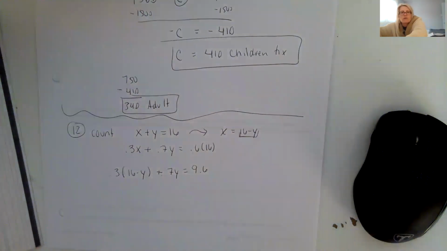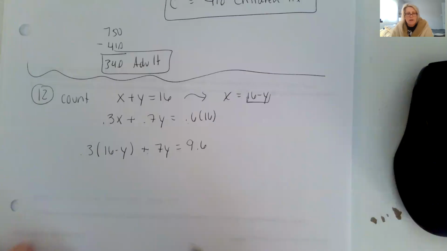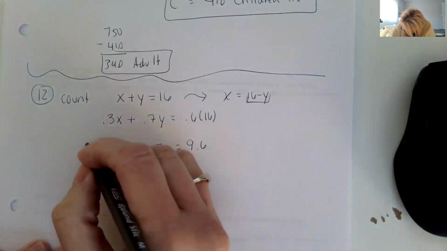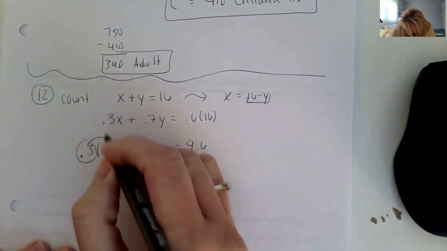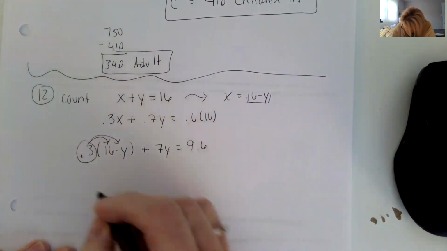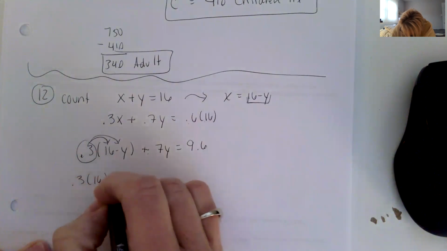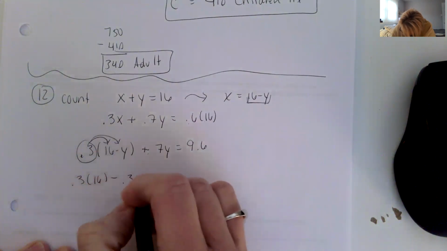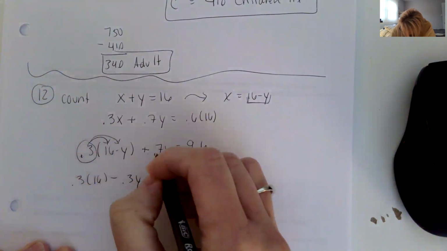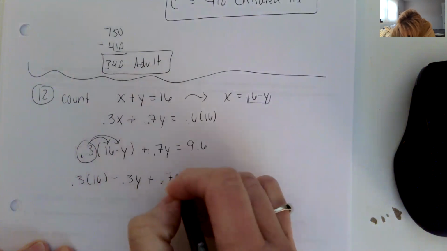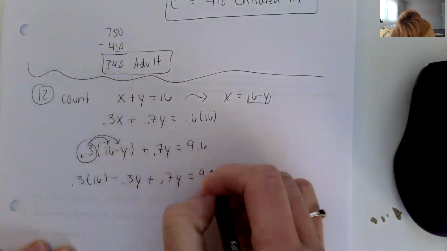Then we have to distribute, I'm just going to zoom in for you. We have to distribute this 0.3, remember that's a 0.3, to both terms on the inside. So 0.3 times 16 minus 0.3 times y plus 0.7y equals 9.6.